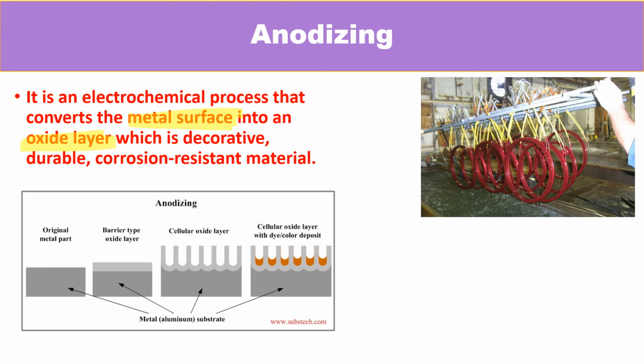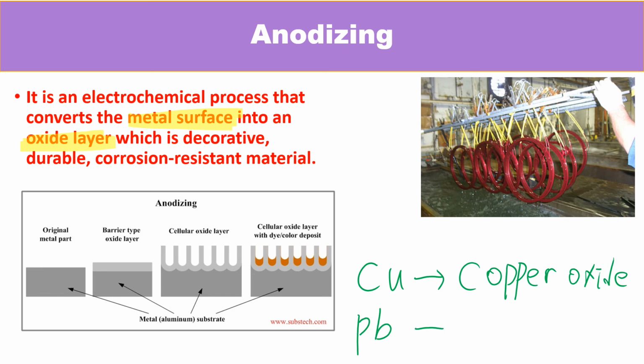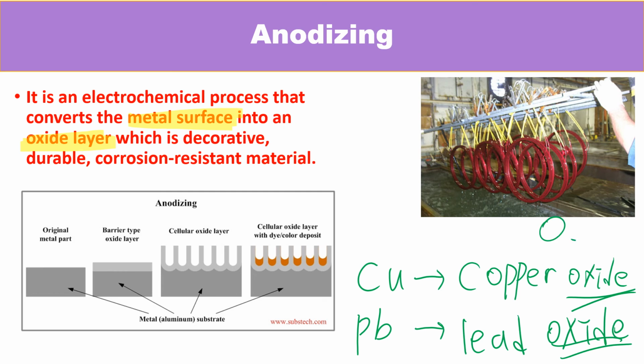So imagine when it comes to copper, copper turning into copper oxide. If it's lead, turning into lead oxide. Anything that has oxide, you may know, where does that come from? Well, yeah, it comes from oxygen.